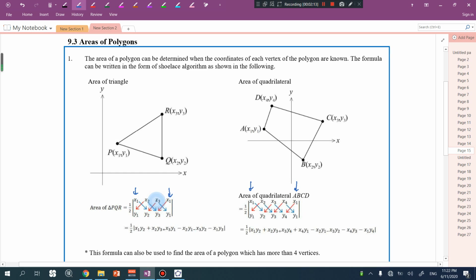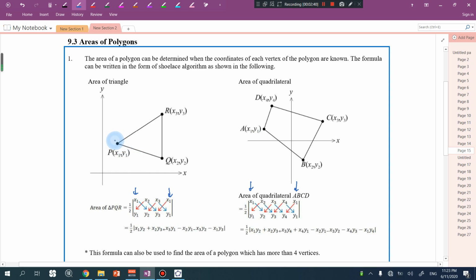Now we go the other way. Now we focus on the red one. This part is all minus: x2 times y1 minus x3 times y2 minus x1 times y3. Then you press your calculator, take the modulus, times 1/2, and you get the area.